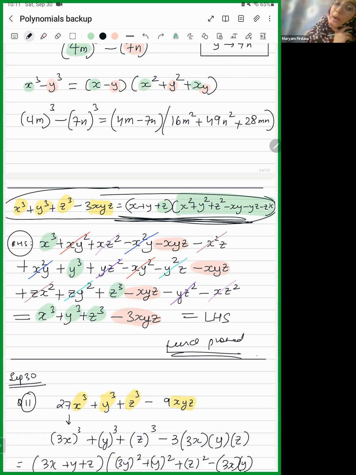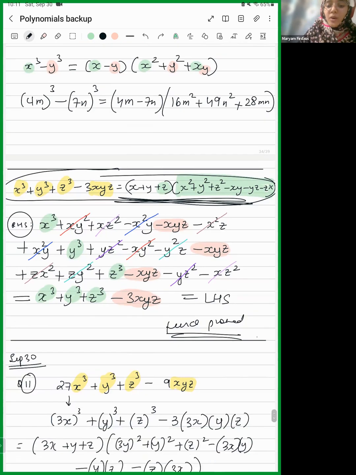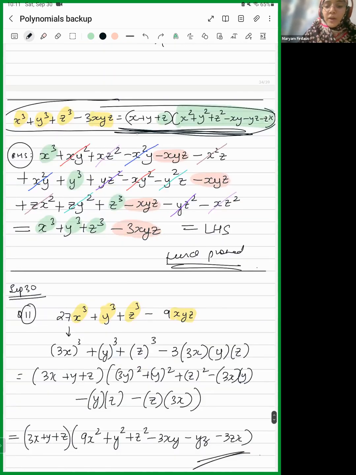So if you multiply the RHS, you are going to get the LHS, the yellow portion. So multiplication of both of these brackets is not going to solve our issue.